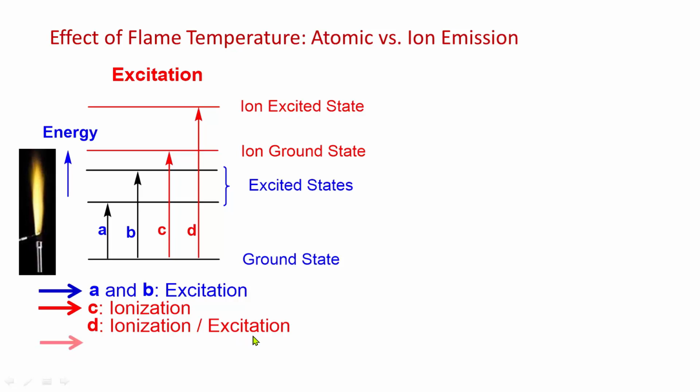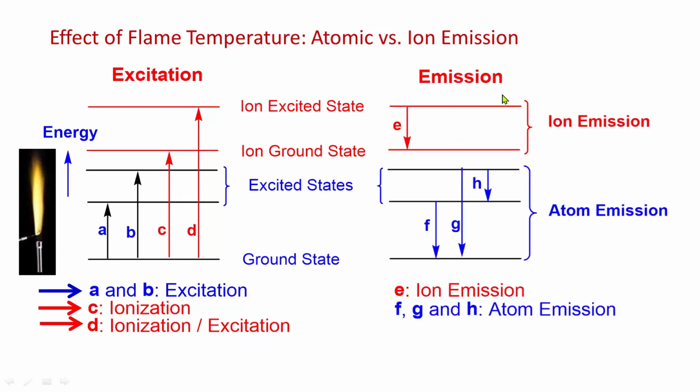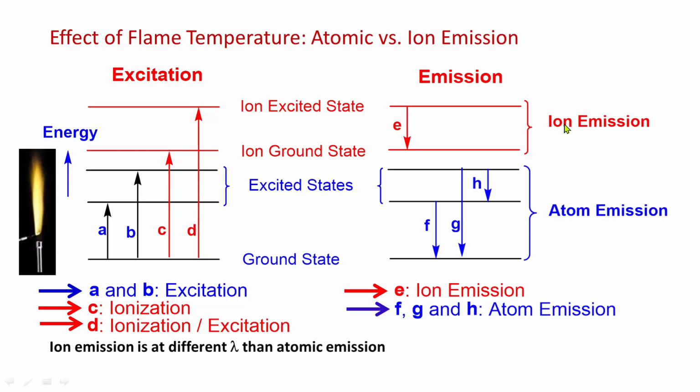In emission, the ion emission is E, from the ion excited state to the ion ground state, whereas these transitions are atom emission. Ion emission is at a different wavelength than atomic emission.